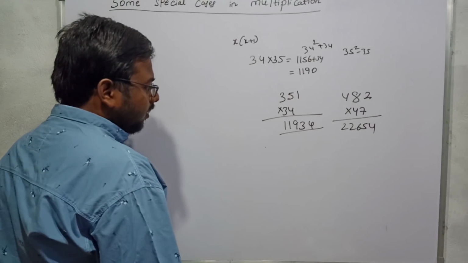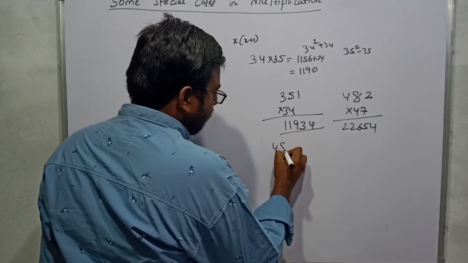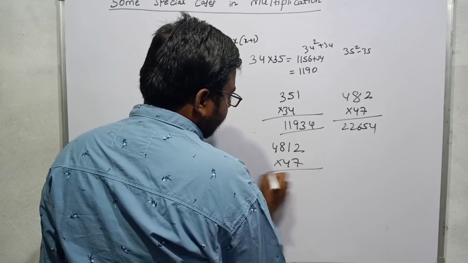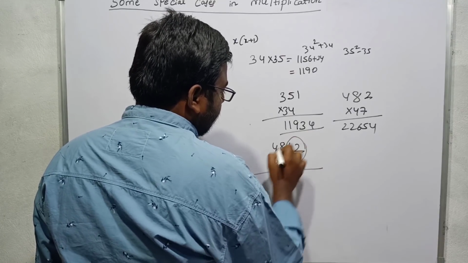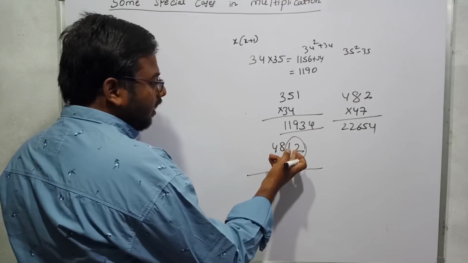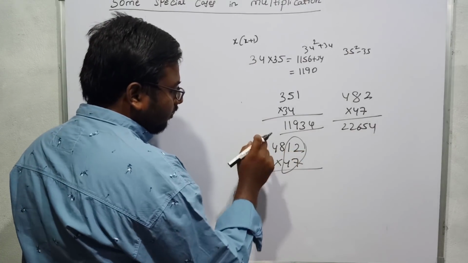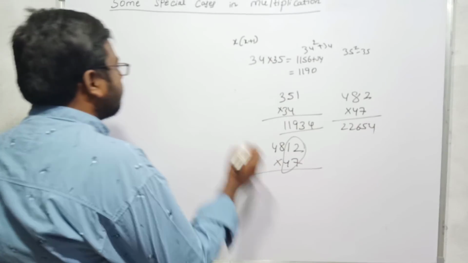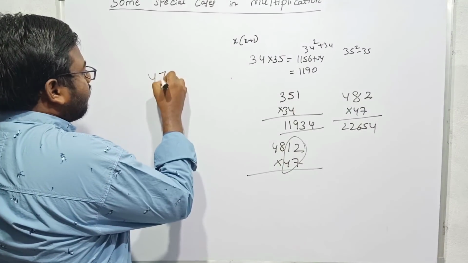For example, if I have to calculate 4812 into 47, I can calculate similarly, if I know how to calculate 12 into 47 and how to calculate 47 into 48.